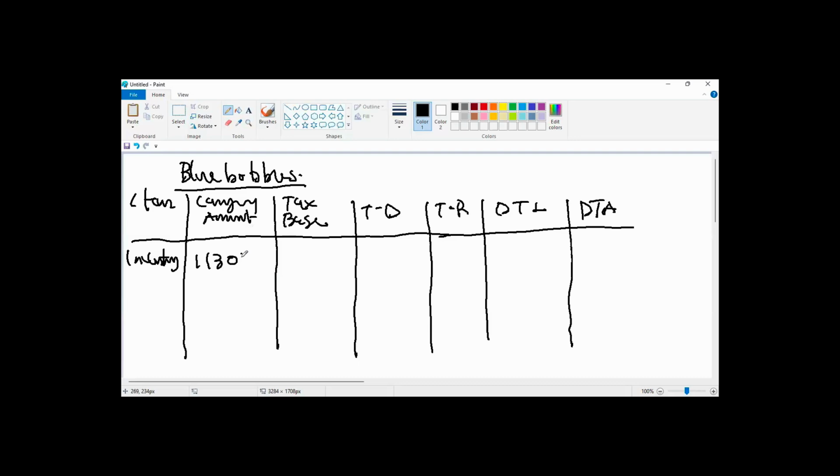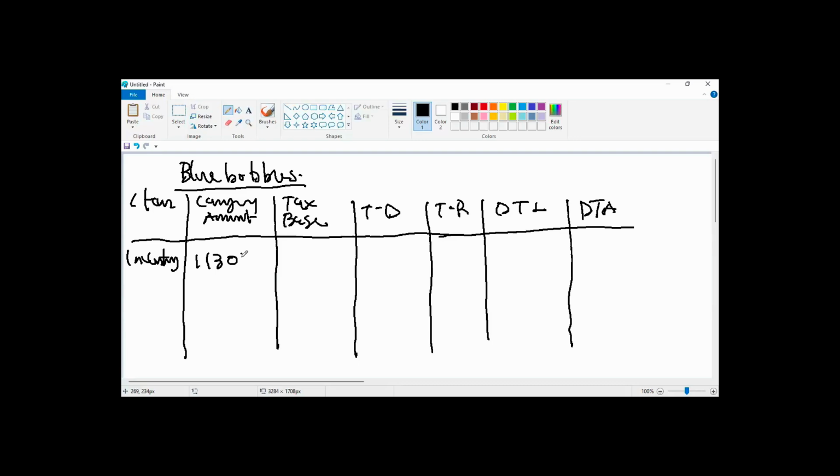Carrying amount. What is going to be the tax base? Yeah, tell me. 250. What do you call it, sir? 1,250. Exactly. Who uses net realizable value? Accountant, carrying amount.